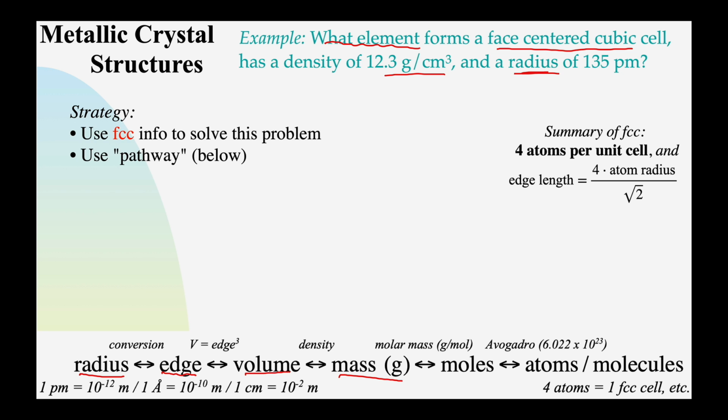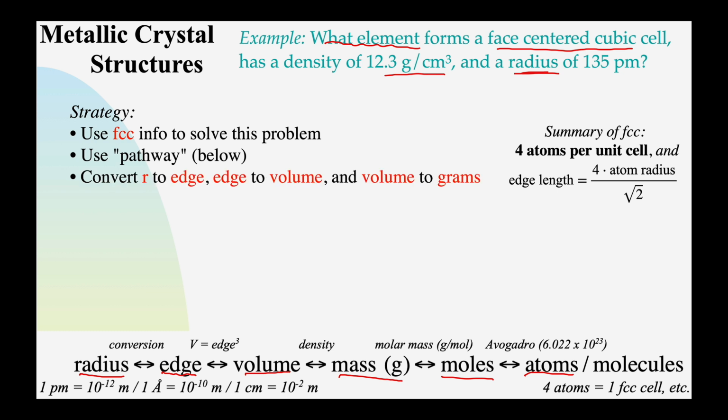So FCC, 4 atoms per cell. We can turn atoms into moles using Avogadro's number, because even though it's a really small number of atoms, Avogadro's number still applies. So then we've got mass from our stuff on the left, and moles from our stuff on the right. Mass divided by moles, I'm sensing the identity of the element is going to come out if you look at a periodic table.